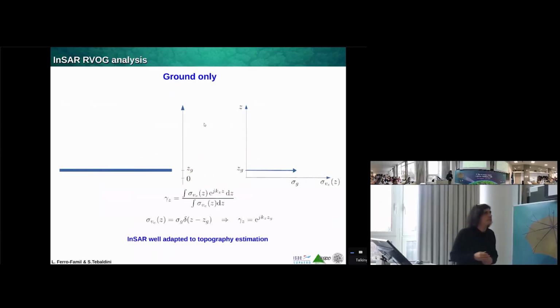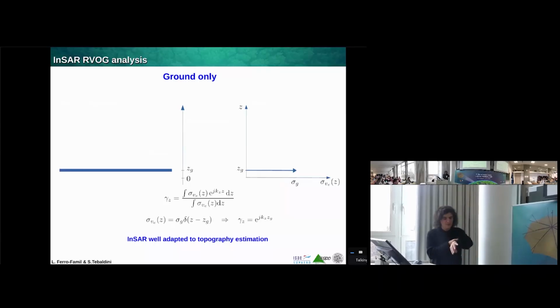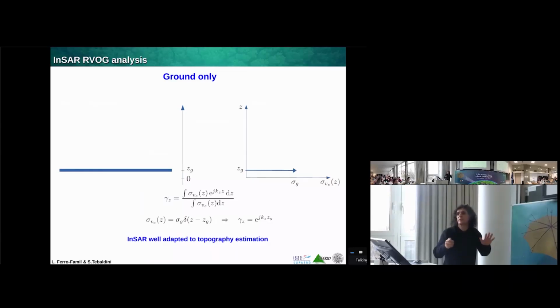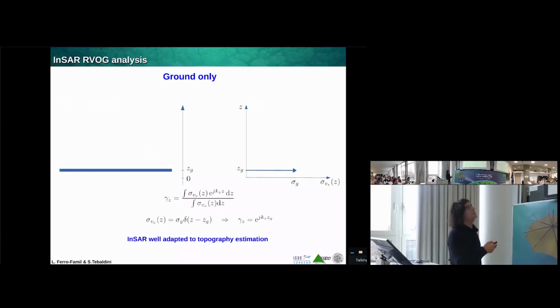I know that we only have a few minutes to talk about this aspect, so I will not detail the calculation, just show you the major conclusions of this study. This is how you can model the response of a ground using a Dirac.